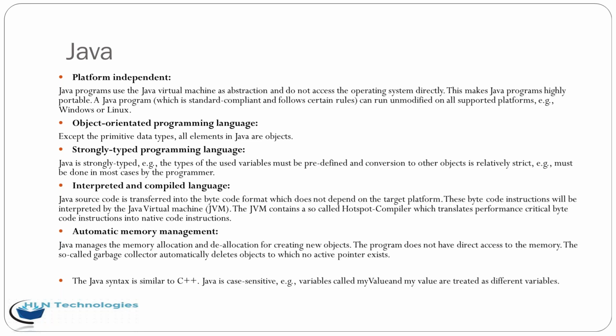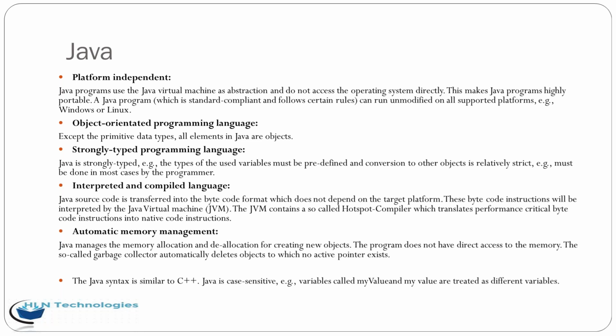Okay, it is a strongly typed programming language. We are not going to copy-paste this. Whoever the Java experts in the market are, they write Java in a typed way. Okay, it is an interpreted and compiled language, which means that Java source code is transformed into bytecode format, which does not depend on the target platform.